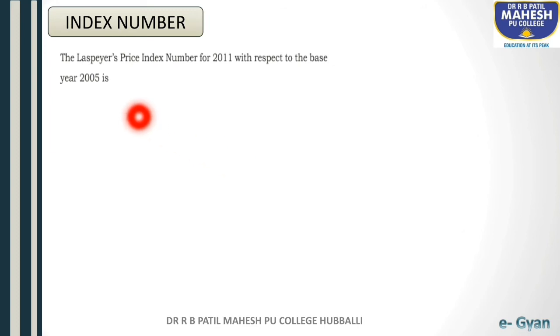Let us find the Laspeyres price index number of 2011. The Laspeyres price index number for 2011 with base 2005, the formula is summation P2 Q0 divided by summation P0 Q0 into 100. Students, now substitute the values. Summation P2 Q0 total is 608 and summation P0 Q0 total is 310. So 608 divided by 310 into 100.